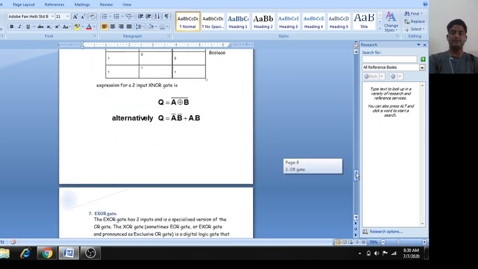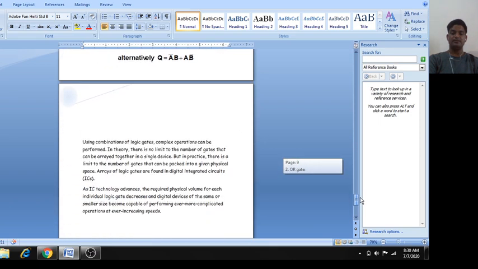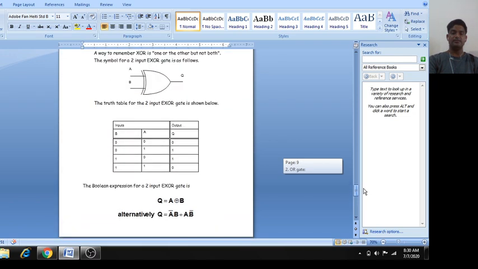And now you can see the XOR gate in use. I think you are already aware of staircases. In stairs you have the connection of your light.